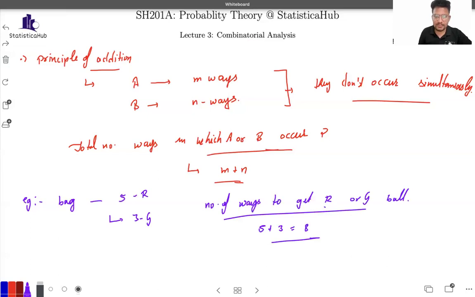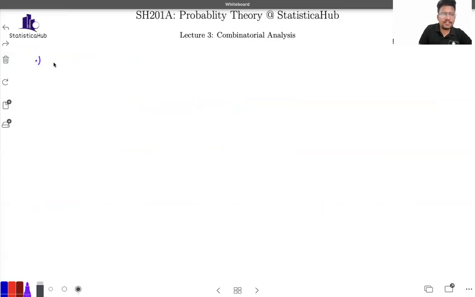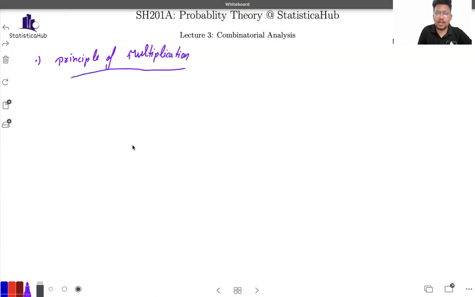Moving to the next concept, the second principle that we have is the principle of multiplication. Assume we have some event A, and this event can occur in m ways.